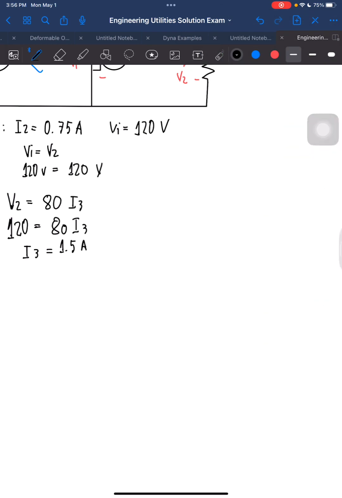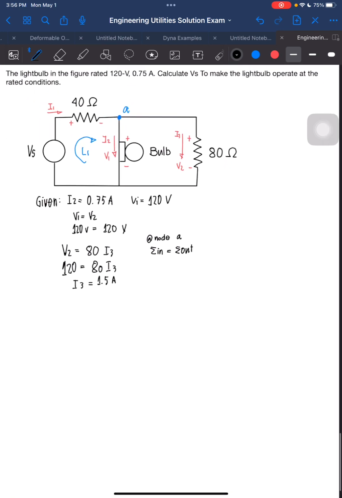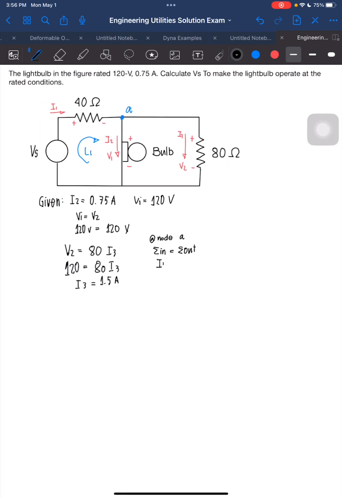Next, dito naman tayo sa node alpha. At node alpha, ang summation ng papasok in is equal to summation ng lalabas out. Ito yung papasok sa node alpha ay I1 is equal to lalabas na I2 plus yung ating I3.